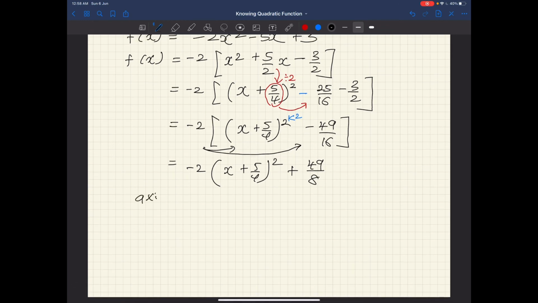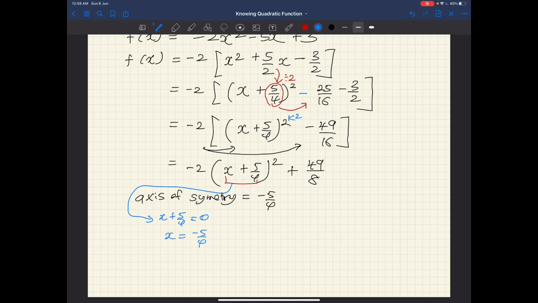Your axis of symmetry is -5/4. How I got this? I just have to take this equation here and then equate that to 0, then I can find back. Alright, let me write it over here so you guys can know as well. So x plus 5/4 equal to 0, x equal to -5/4.